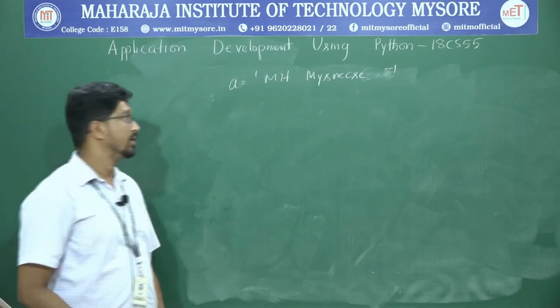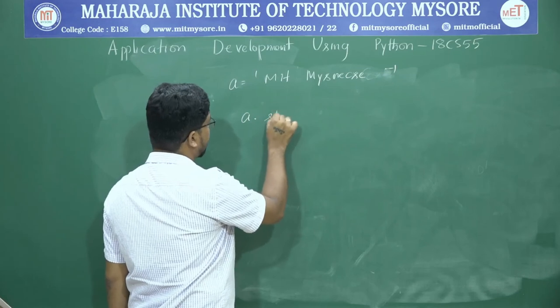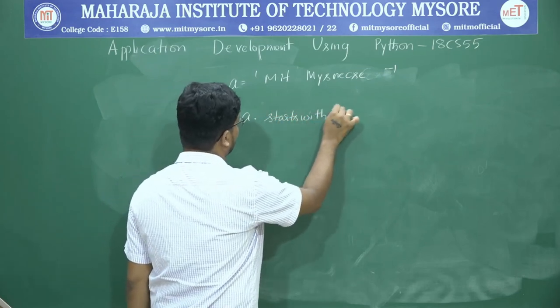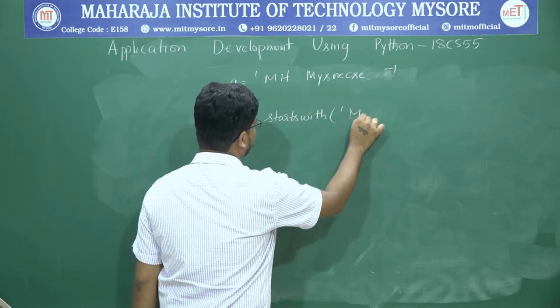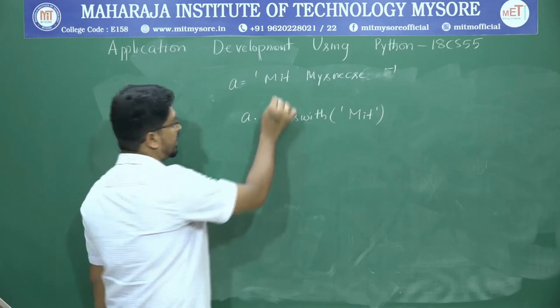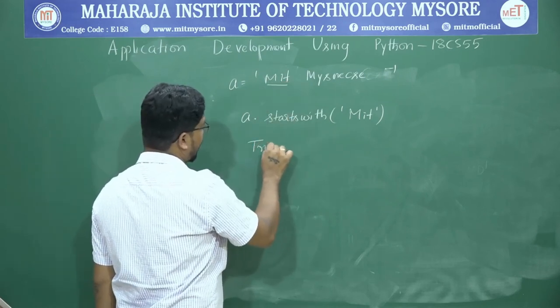Okay, next we have starts with and ends with. Let us say I want to check whether A dot starts with capital MIT. Yes, it starts with capital M followed by IT, so you will get true as a result.